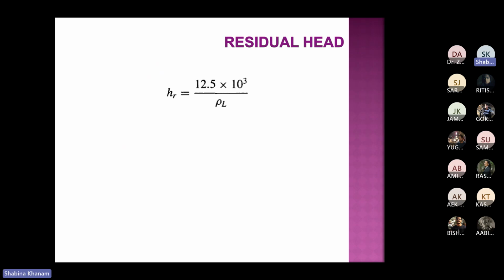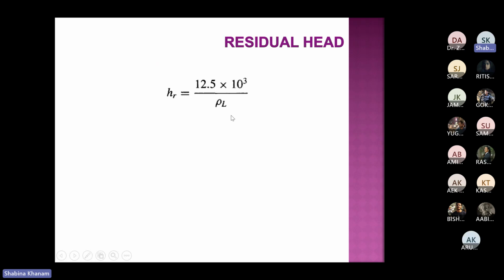This residual head is very simple to calculate, like 12.5 times 10 power 3 by rho L. The major losses we have already covered in HD, HW, and HOW, but residual losses are there, which may be because of the interaction between vapor and liquid and like that. Based on that we can find out this HR.